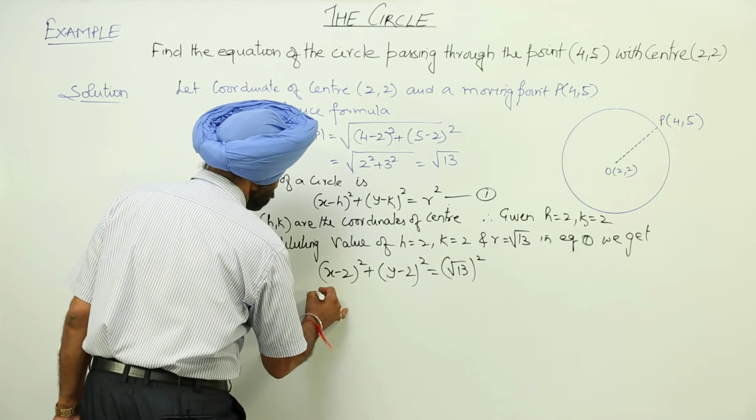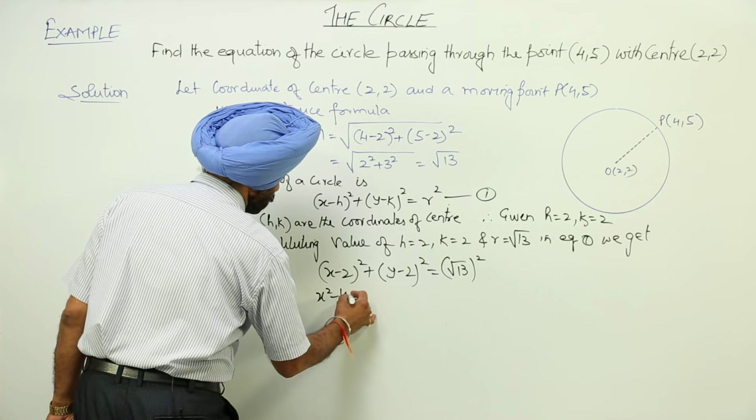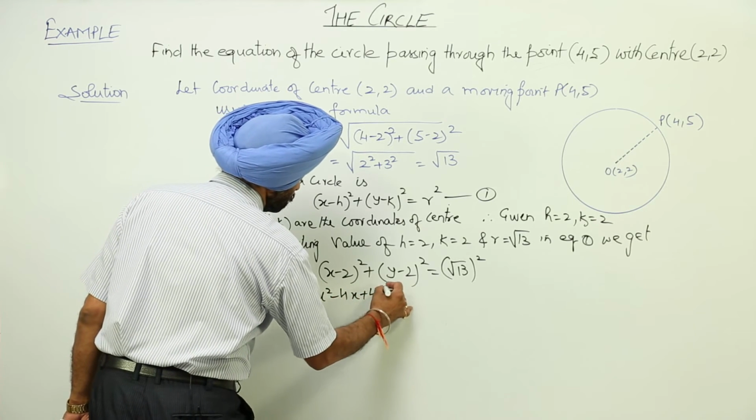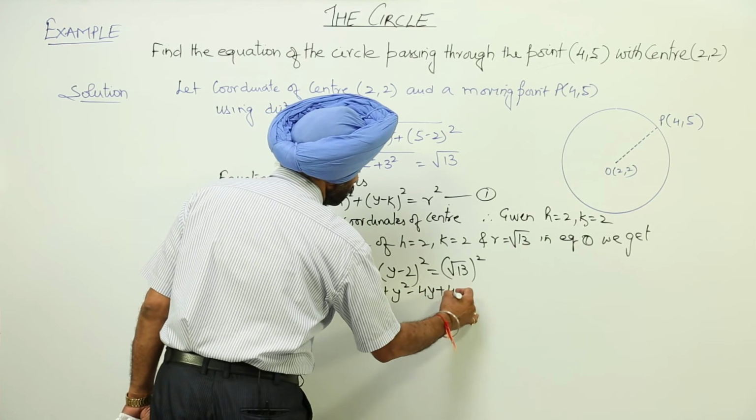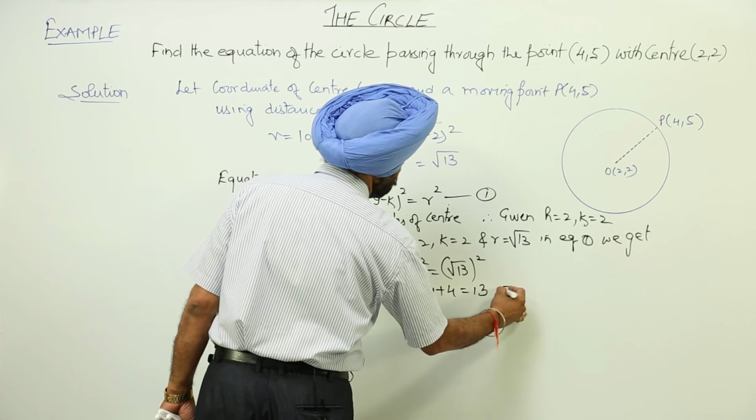Now this becomes x square minus 4x plus 4 plus y square minus 4y plus 4 is equal to 13.